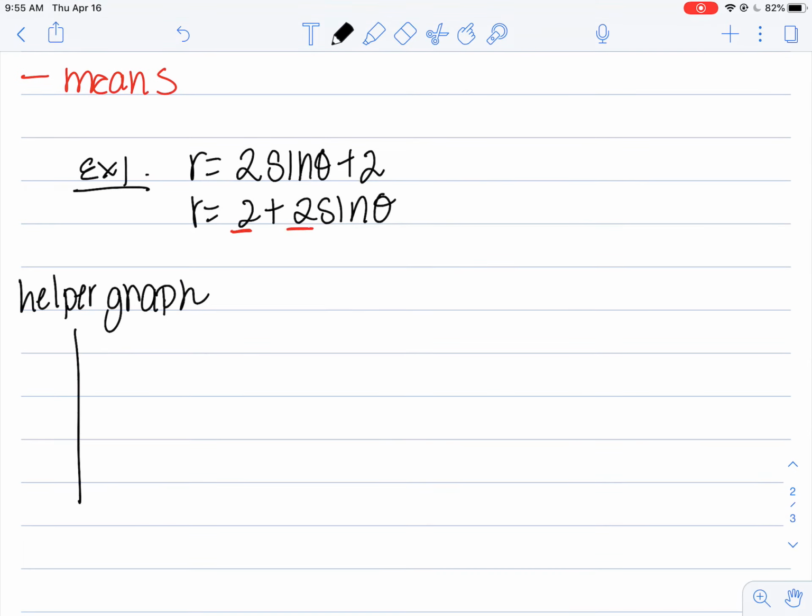I remember that graphing 2 sine theta plus 2 means my A value, my max, is 2, my minimum is negative 2, but the whole graph is shifting up 2 units, so I'm actually going from 0 to 4.